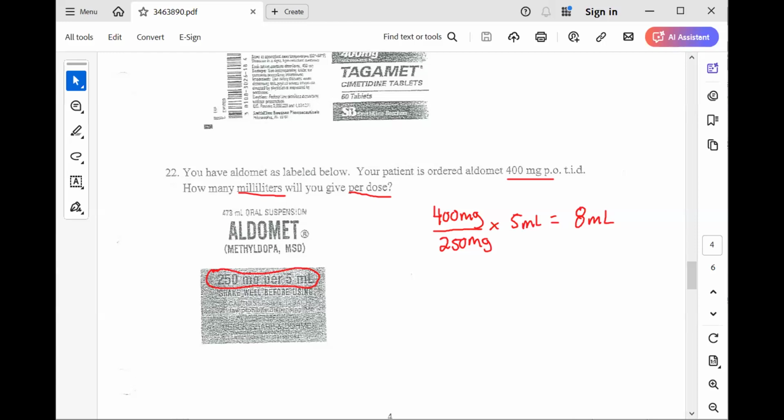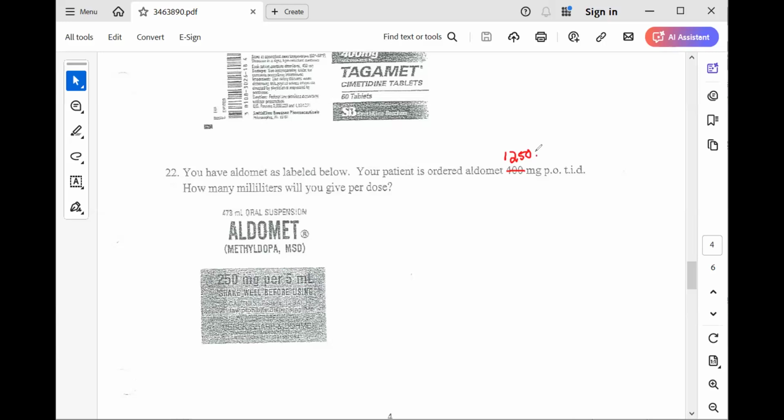So I'm going to ask for just a little bit of participation just to see if you are grasping how this all works. So I'm going to clear my drawings for this Aldamet question. And then I'm going to ask you to solve this, but instead of 400 milligrams, I want you to solve it for 1250 milligrams.